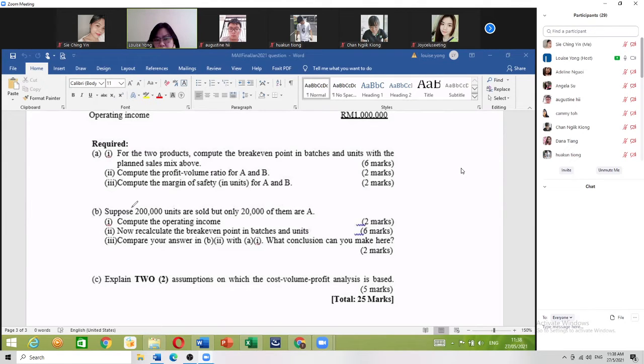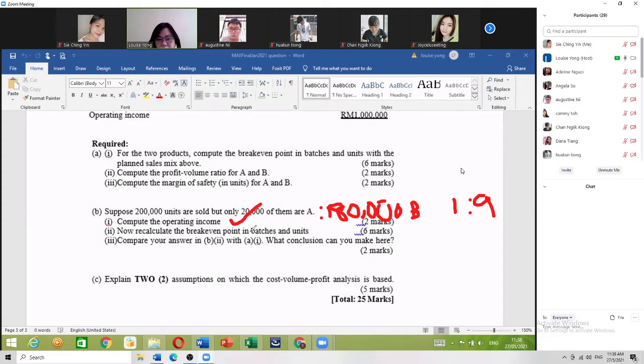So total 200,000, 20,000 for A means that 180,000 for B. So now the sales mix here will be changed to 1 to 9, 1到9对吗？如果它的 sales mix 现在是20,000是卖 A，然后剩下的180,000是卖 B 的话, then what is your operating income?